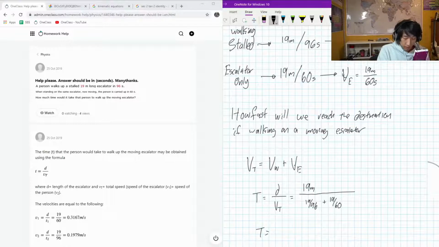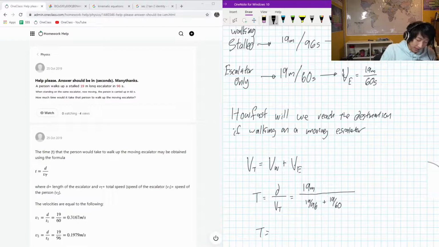Or we can just do the whole thing in one step. 19 divided by 19 over 96 plus 19 over 60. That's actually pretty slow because 19 meters is not that far to be going in like a minute, but it is what it is.